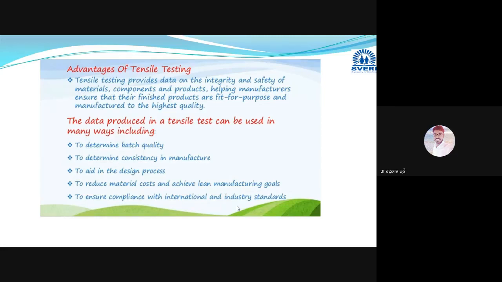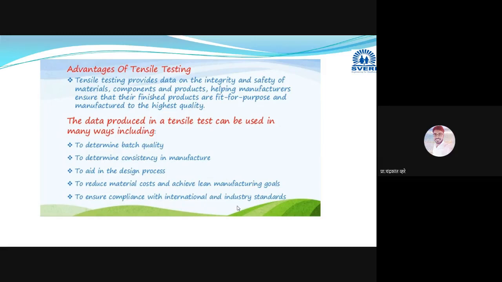Suppose you have a factor of safety of 1.2 or 1.25, then it will become 230 kg, 240 kg. Because if we increase the strength of our product, our product cost will increase.